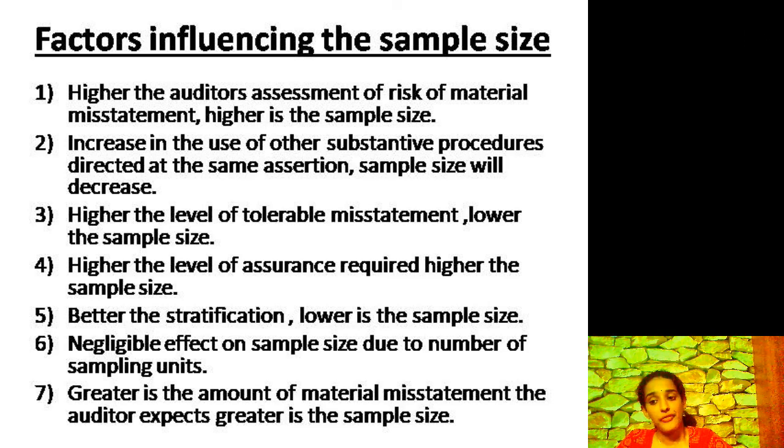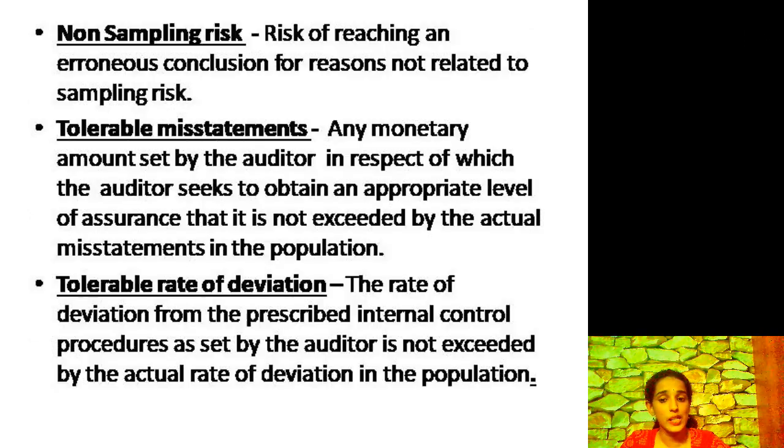Now, after we have seen a few factors that influence the sample size, we'll see the different terms associated with risk. The first term is non-sampling risk. As we already saw sampling risk: what is a sampling risk? Risk of selecting a wrong sample.